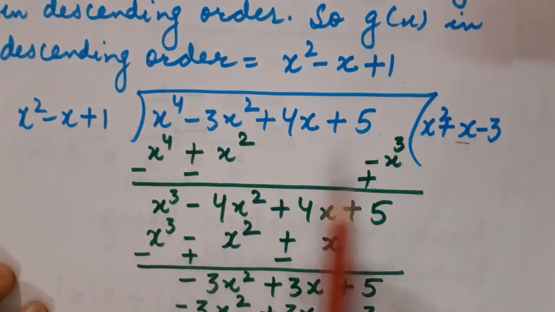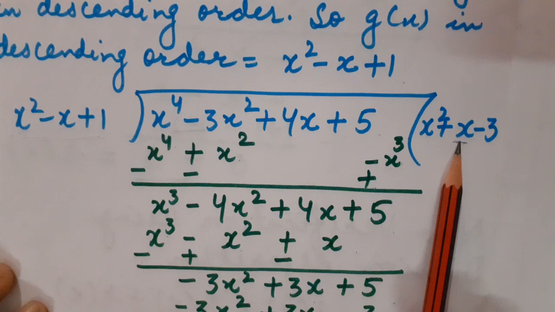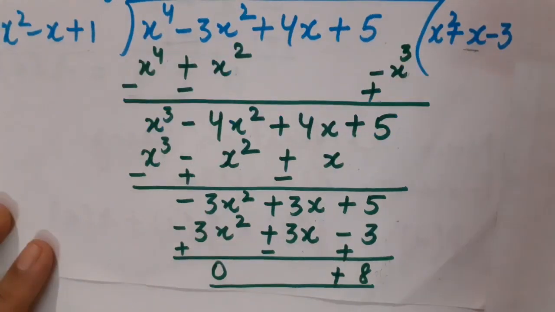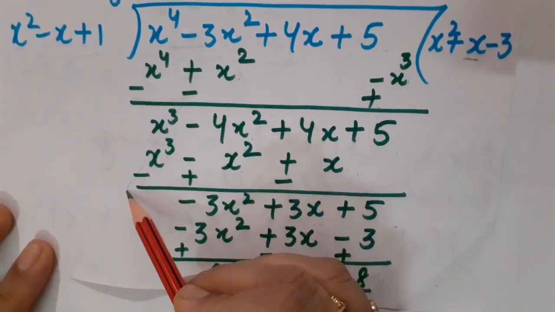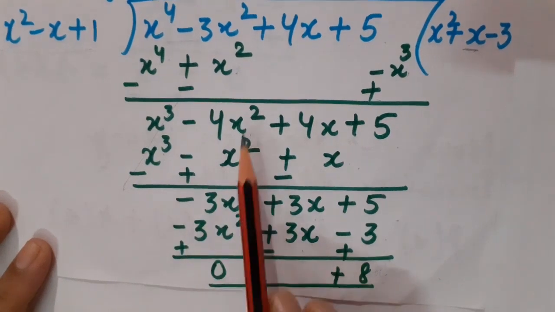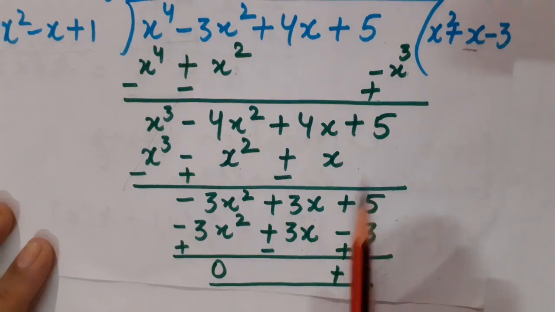It would become x cube. Then x into minus x will become minus x square and then plus x. Correct? Now I am going to change the sign. Clear children? Here x cube and minus x cube both are going to be cancelled. Here I have got, after solving these both the terms, minus 3x square plus 3x plus 5.